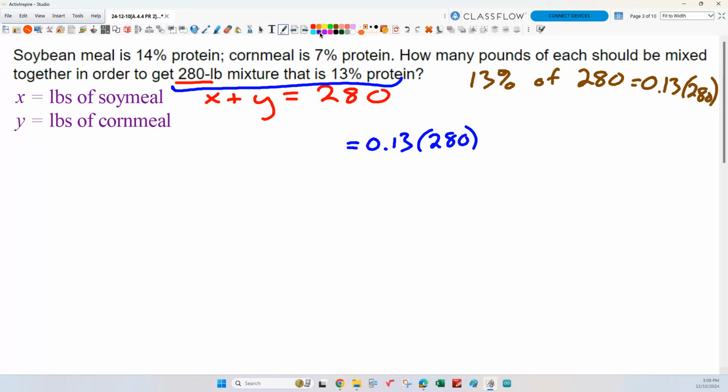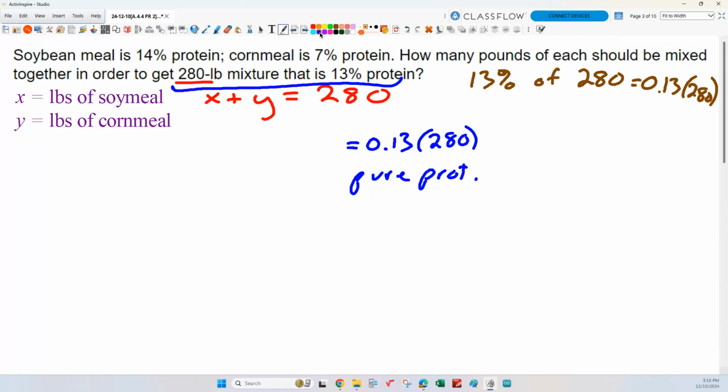And what does that represent, by the way? 13% of 280. What's the meaning of that? That's how much protein. Oh, okay, good. So the actual amount of pure protein that we're going to have in our mixture, right? So on the right side, we're talking about pure protein. So I better be adding up pure protein on the left side too.